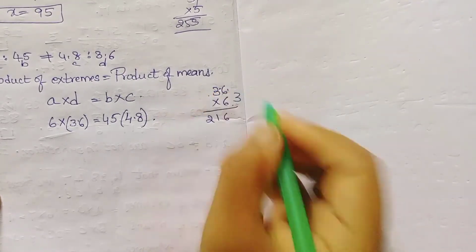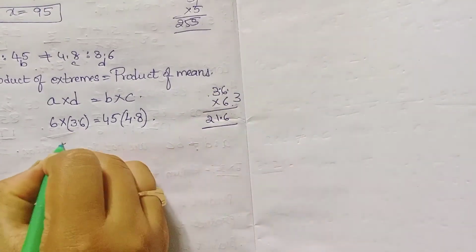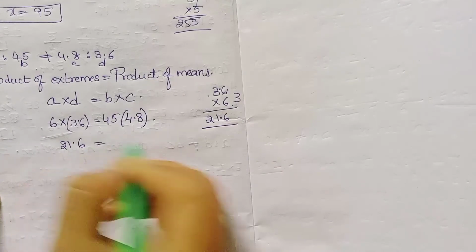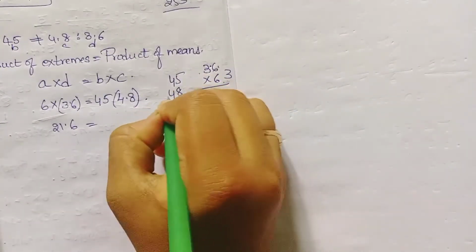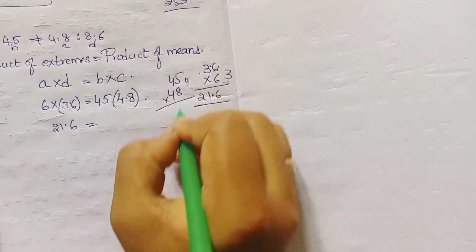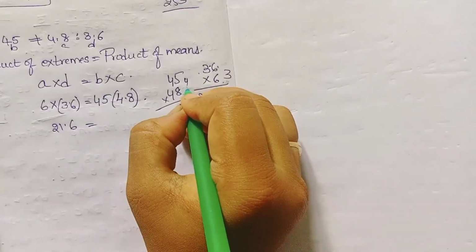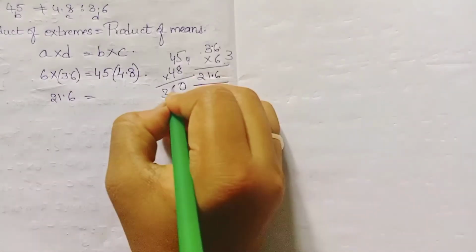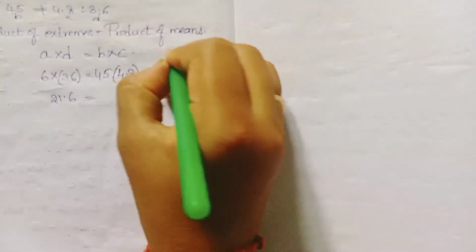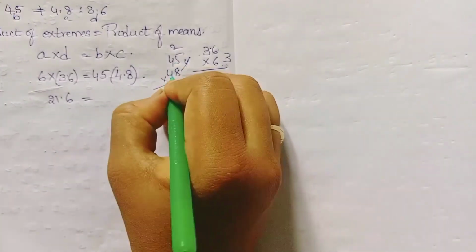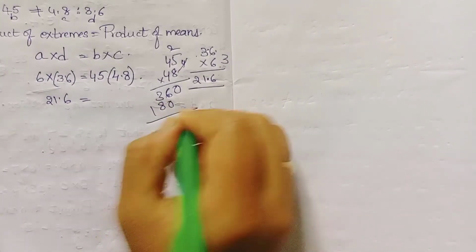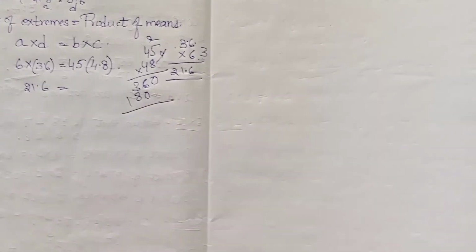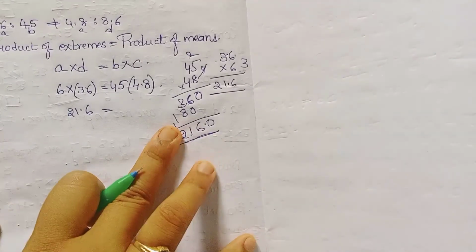Point here 21.6 is equal to 45 into 4.8. Forty-five into 4.8, 216.